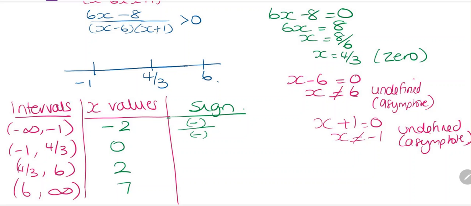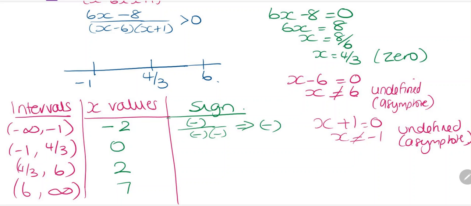And then we have x plus 1, so this will be negative as well. So on the bottom, this will be positive. If we have a minus and we divide by a positive, our final answer will be negative.